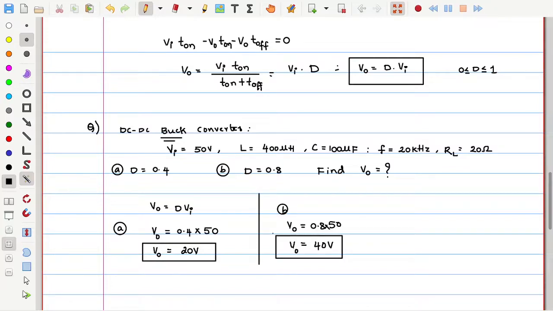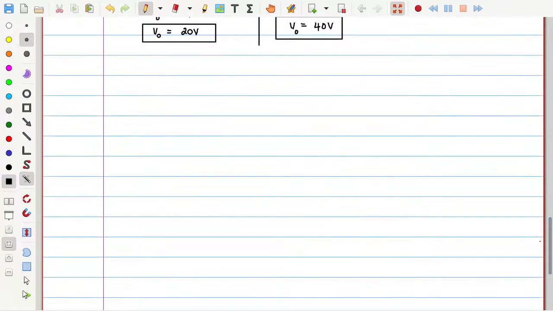Right. Now let us move to the next converter, which is the boost converter, or step up converter. It can also be called a step up converter.